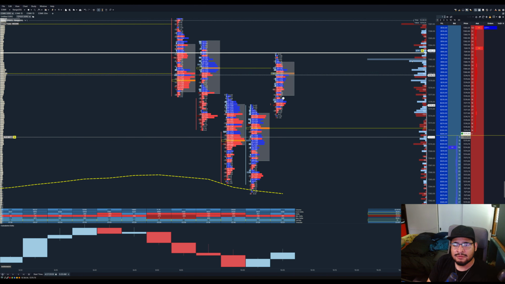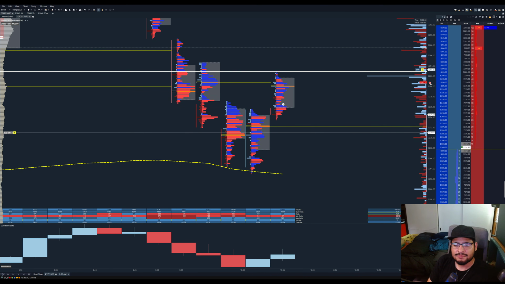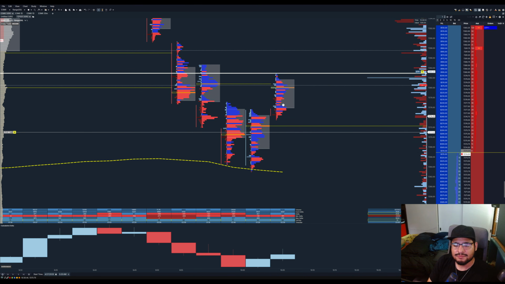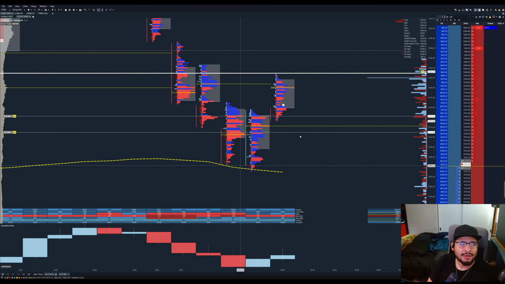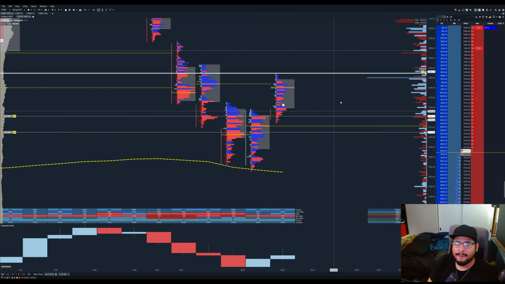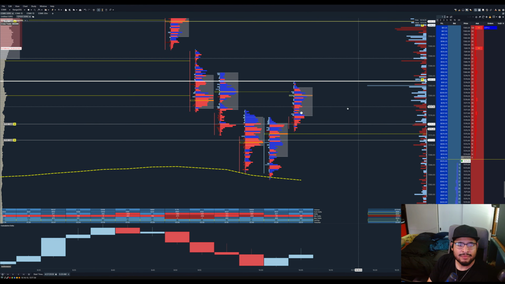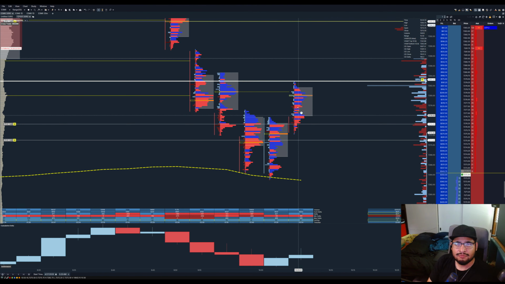We have this stack of passive sellers here as well, protecting this 73.80 level. So if I add one more here, we tapped up, tested this range POC.